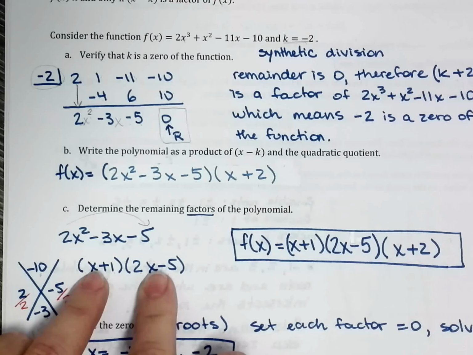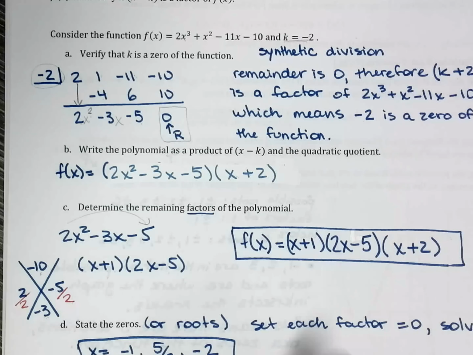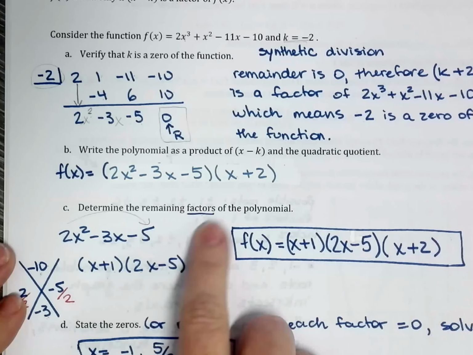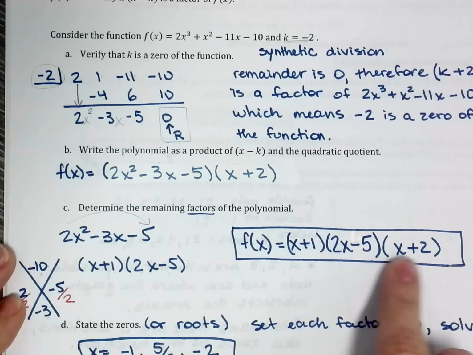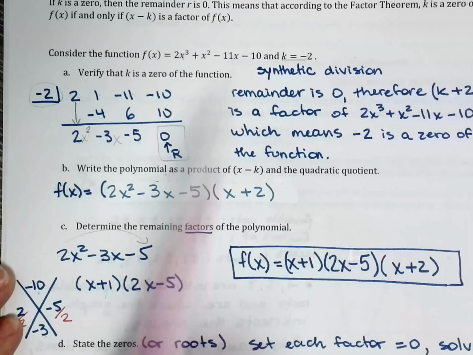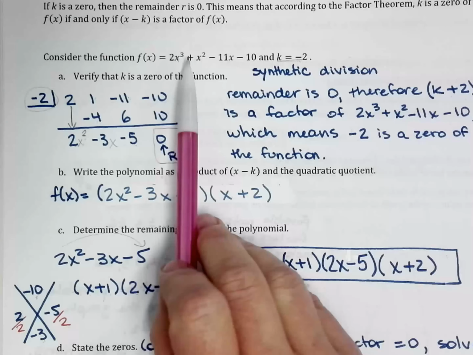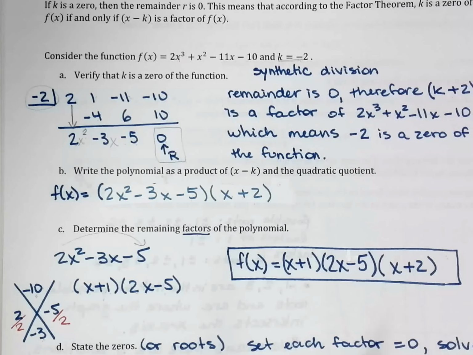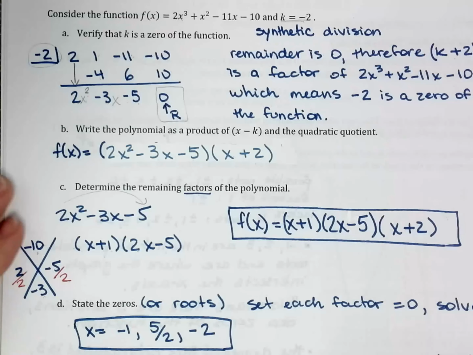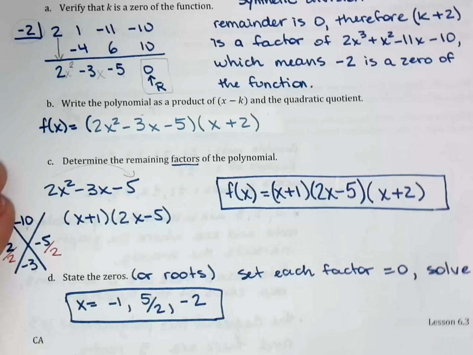So when I factor this, I get these two factors. And remember, this is also one of the factors. So when I have to determine the remaining factors, these three are the factors of this polynomial right there. If I were to multiply all of those three together, I go back to the polynomial. Ta-da. So state the zeros, the roots, or the solutions, x-intercepts.